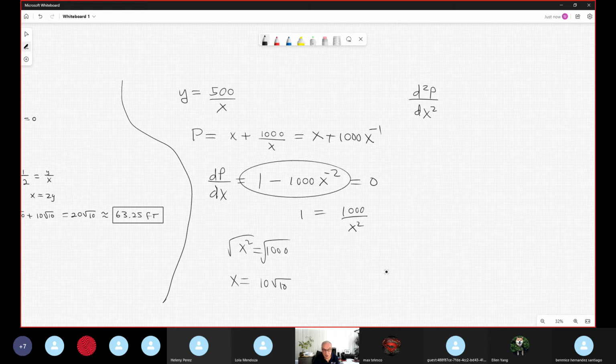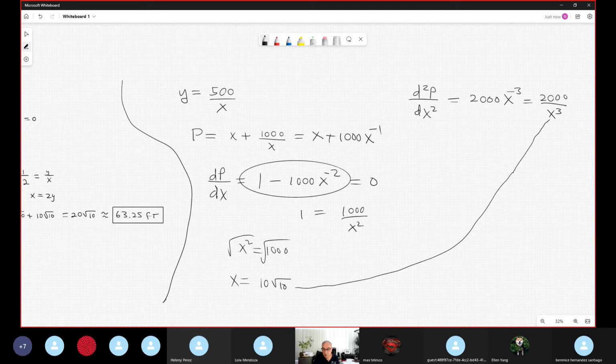The derivative of 1 is 0, and the derivative of this is positive 2000 x to the minus 3, right? Okay, or it's equivalent to say 2000 over x cubed, you know? And now I substitute that value here.